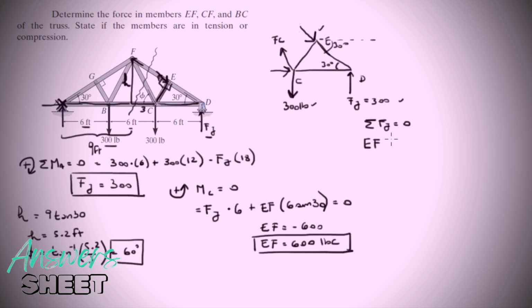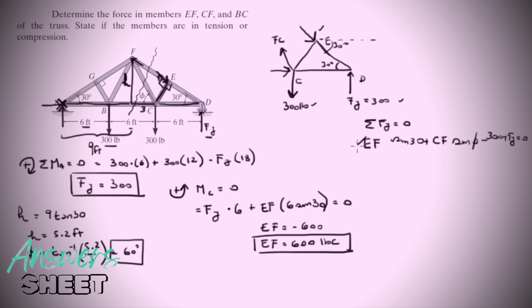So EF sine of 30 plus CF sine of phi minus 300 plus Fy is equal to 0.